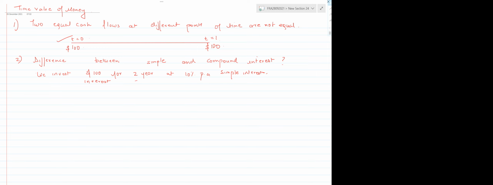P into R into T: $100 is my principal, rate of interest is 10%, time is 2 years, so $20. And the value of my investment after 2 years is 100 plus 20, that is 120.